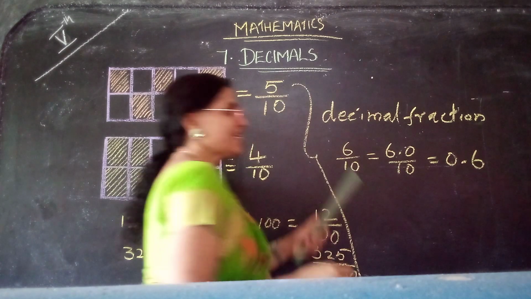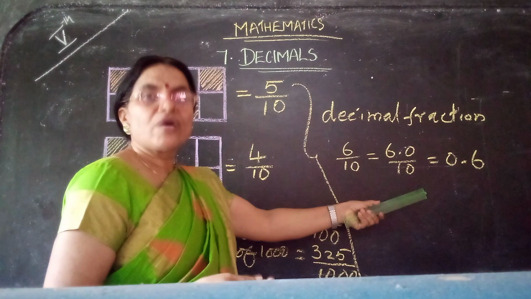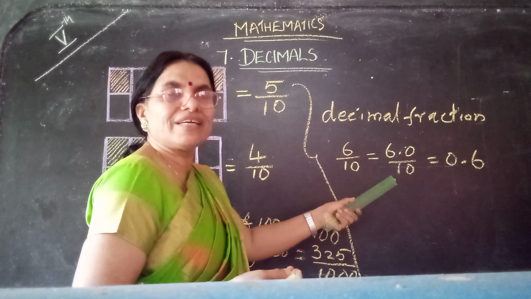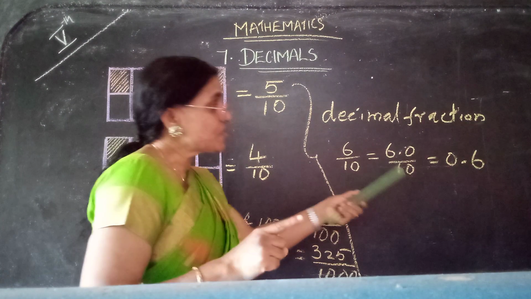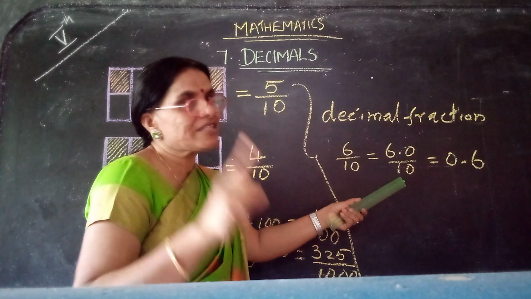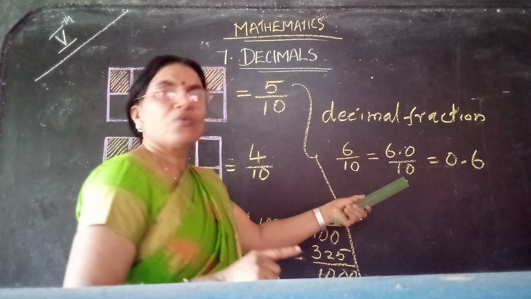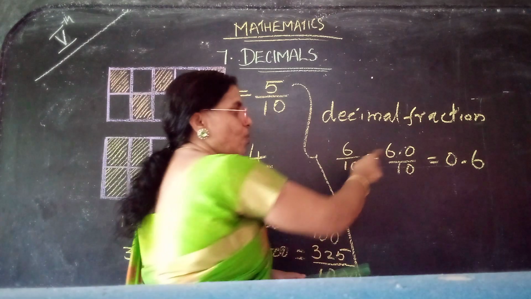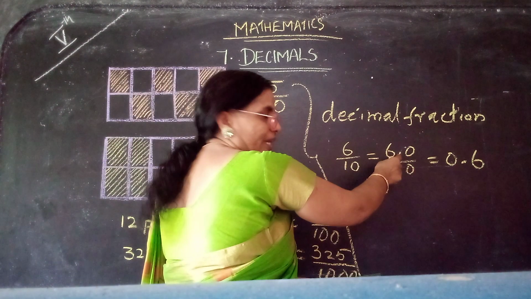0.6. How can you write it? 0.6. Why, children? See here. What is the denominator here? The denominator is 10. How many zeros are here? Only 1 zero. So see here, this is the decimal point.